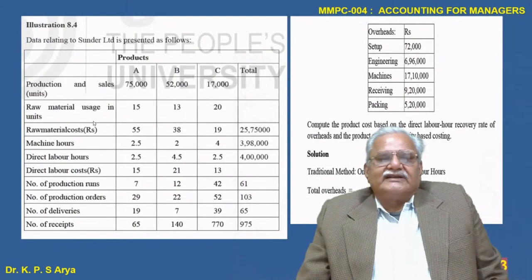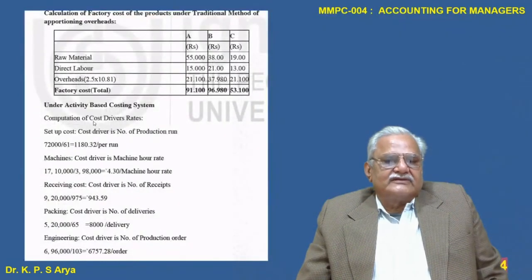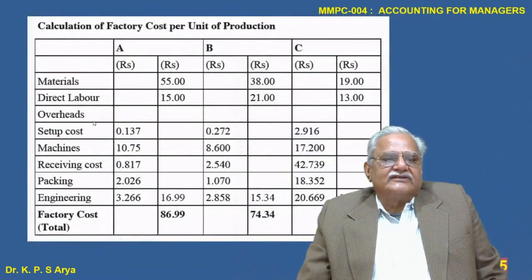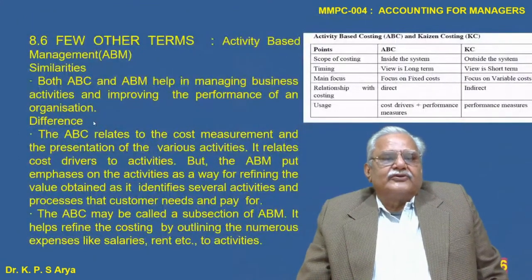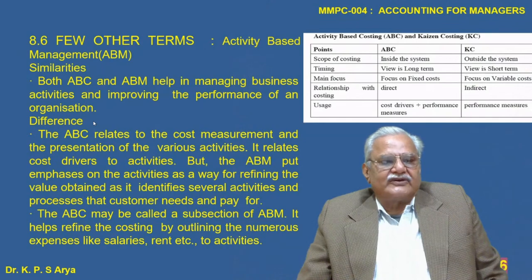This is another example. Now we have a few other terms. Activity-based management, similarities: both ABC and ABM help in managing business activities and improving the performance of an organization. Difference: ABC relates to the cost measurement and the presentation of the various activities.